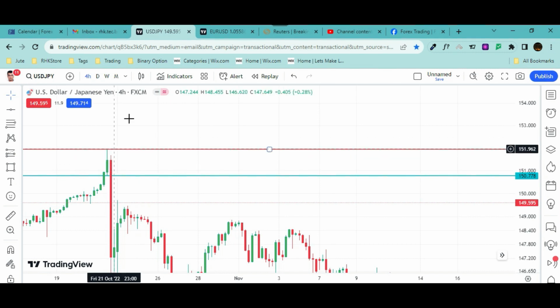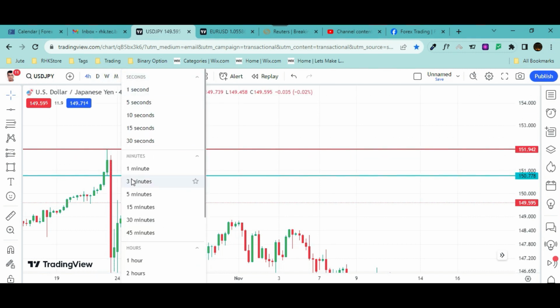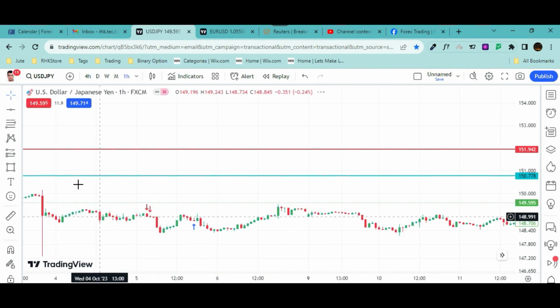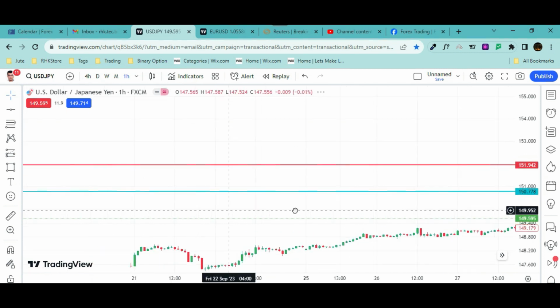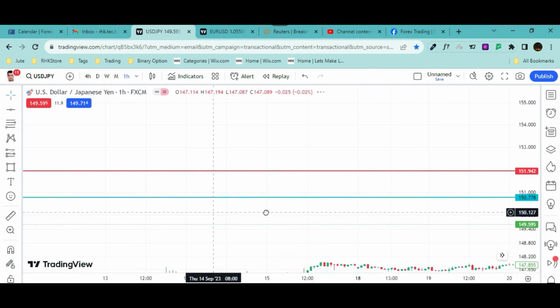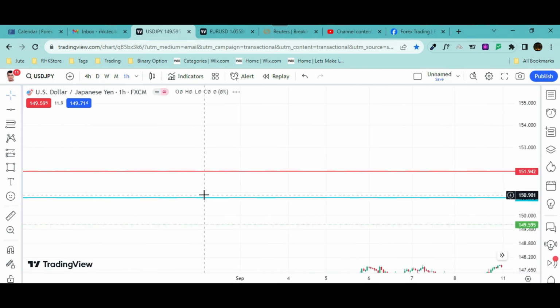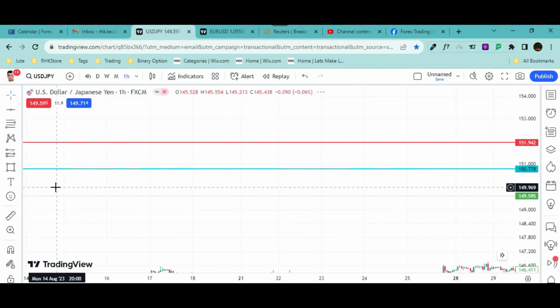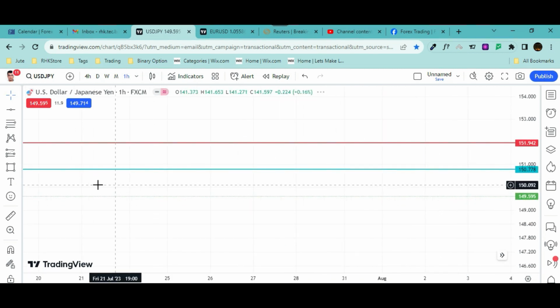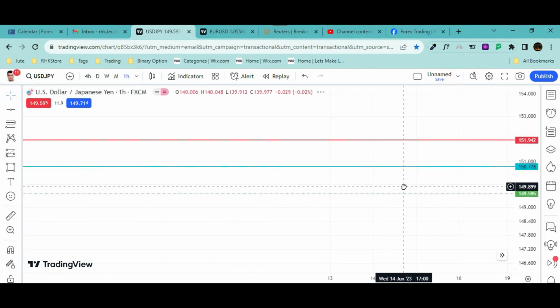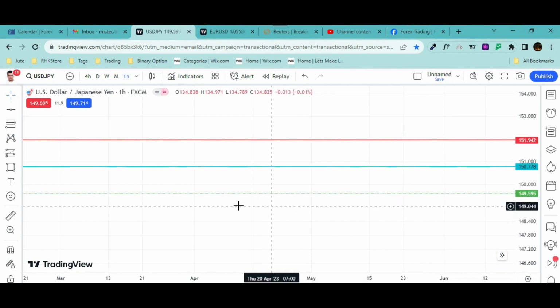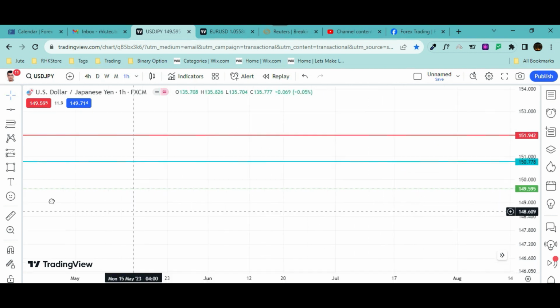Despite it is showing in 4 hours, let's go down a little bit more to 1 hour. What happened? Why has the price been rejected? Did it form anything in 1 hour? Let us see. I think we are going very far.